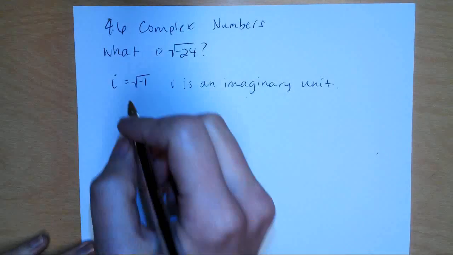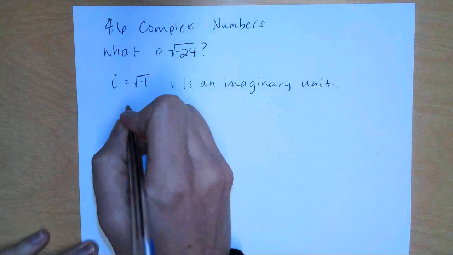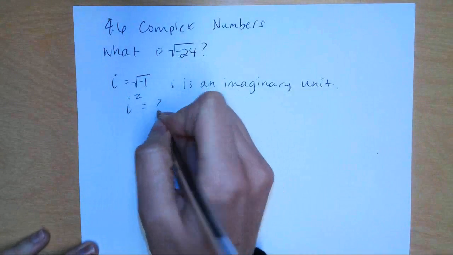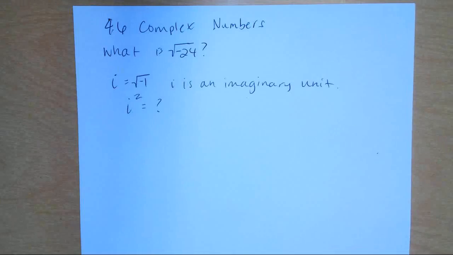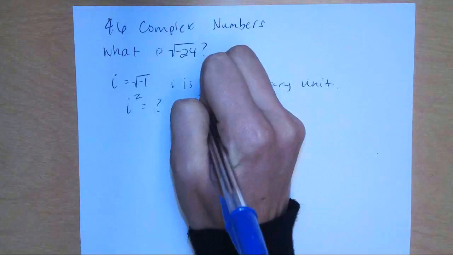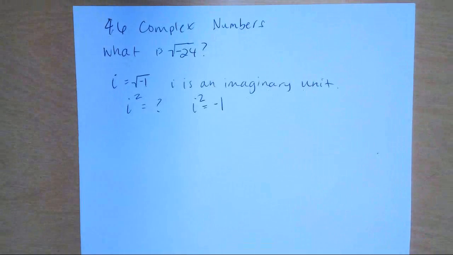Okay, so if i is the square root of negative 1, what would i squared be? Negative 1. Because we would have the square root of negative 1 times the square root of negative 1, which would be negative 1.